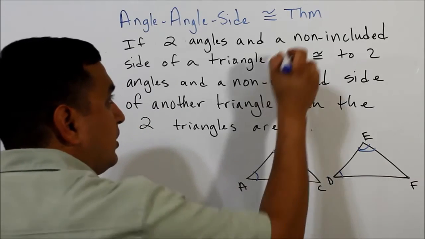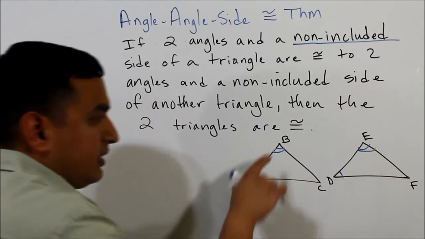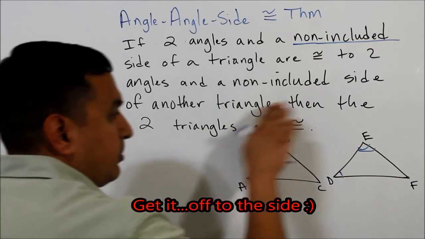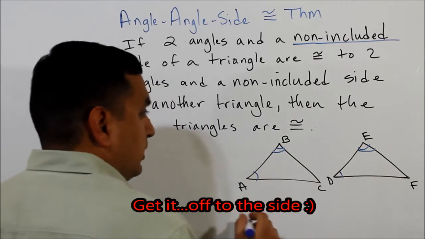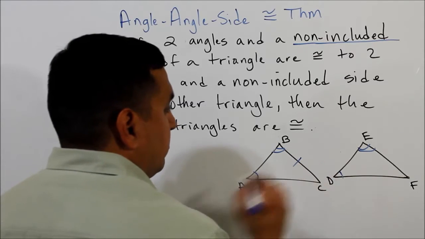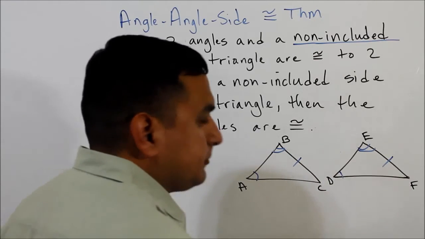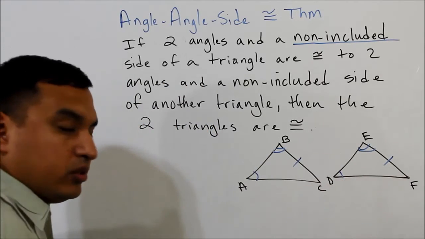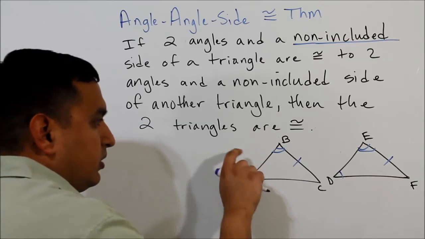Now, if it says non-included, that means it's not going to be segment AB or segment DE. It's got to be something off to the side so that I'd have angle, angle, side. So let's say that BC is congruent to EF. Again, it has to be non-included because if it was included, that would be angle, side, angle.